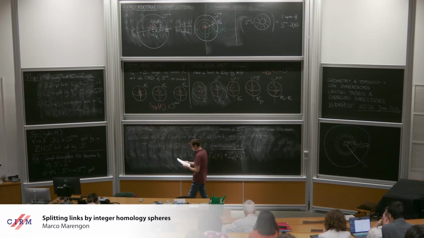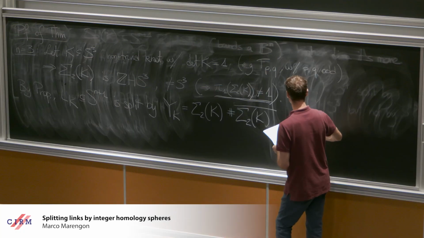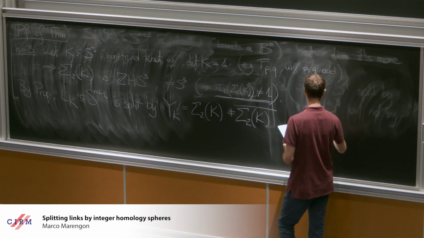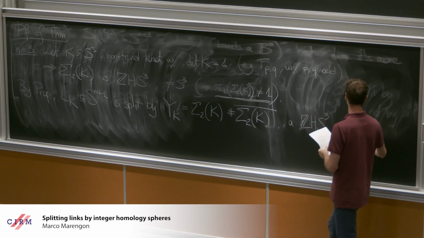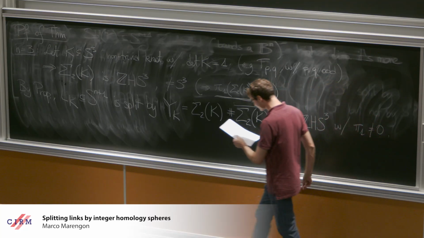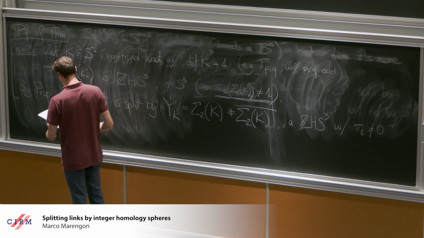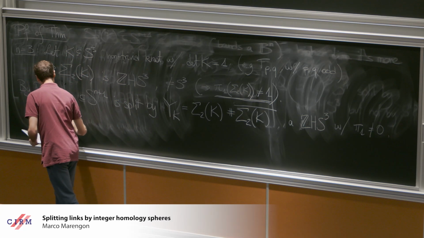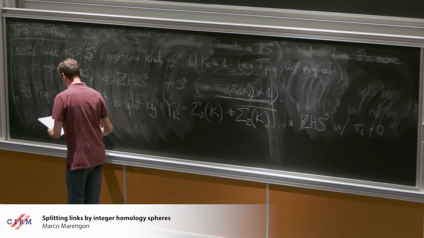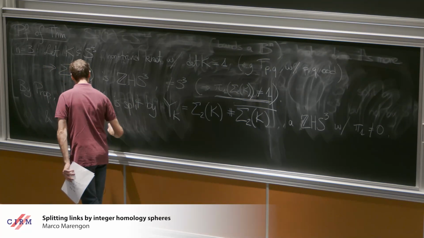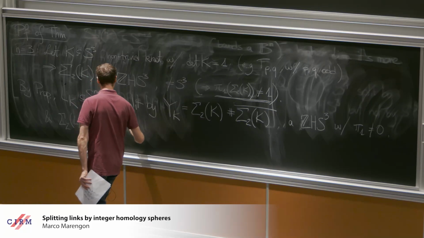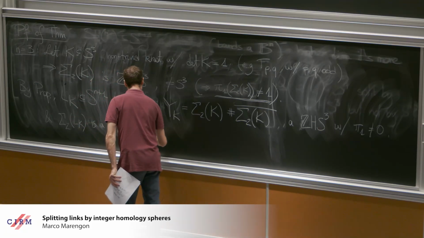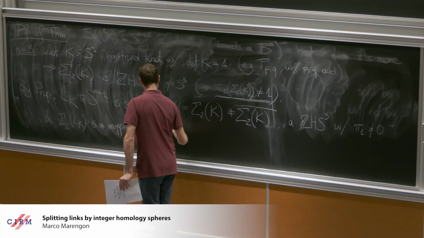And moreover, we know in particular that this is an integer homology sphere with non-trivial pi 1. And we know that sigma 2 of Lk is a mapping torus on Yk.